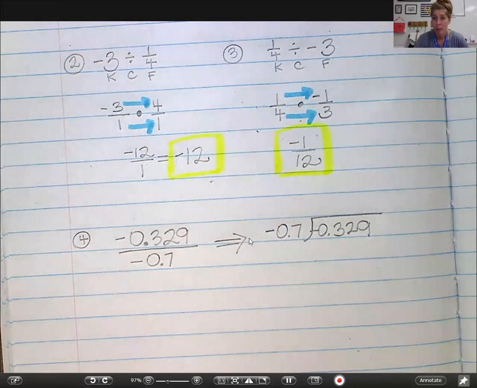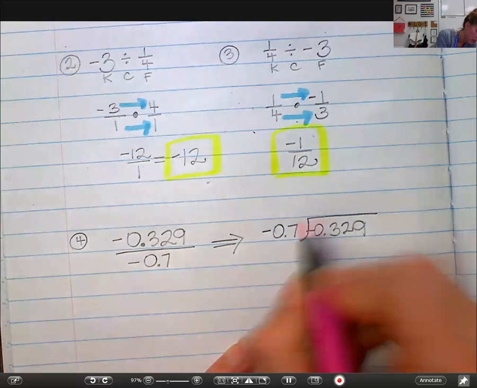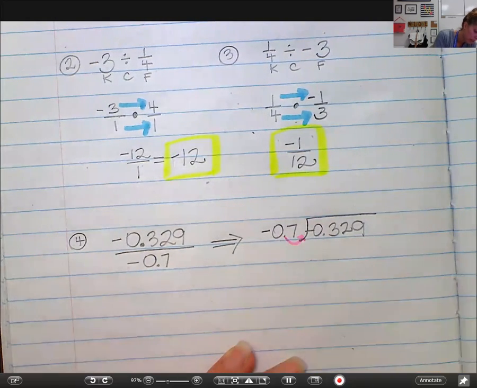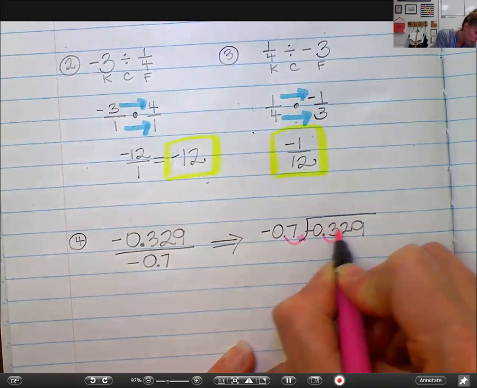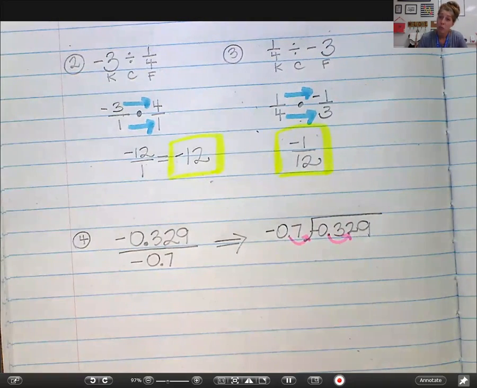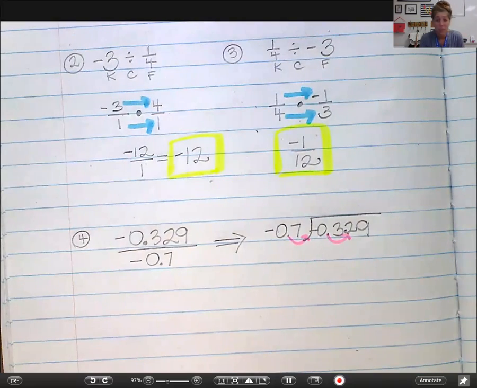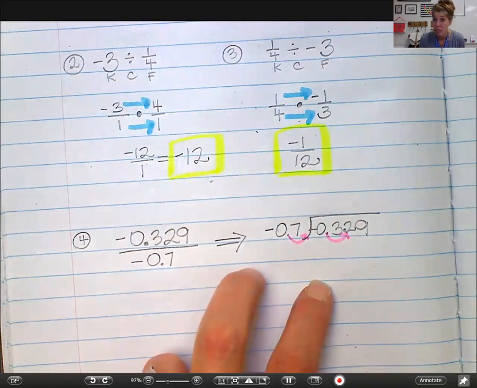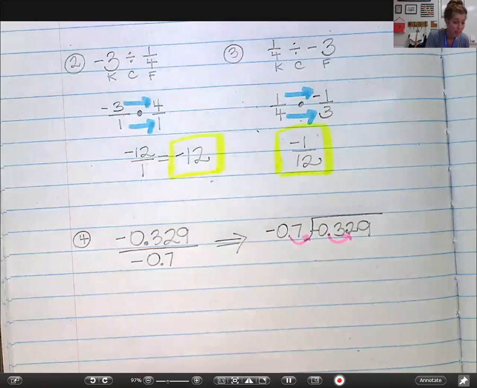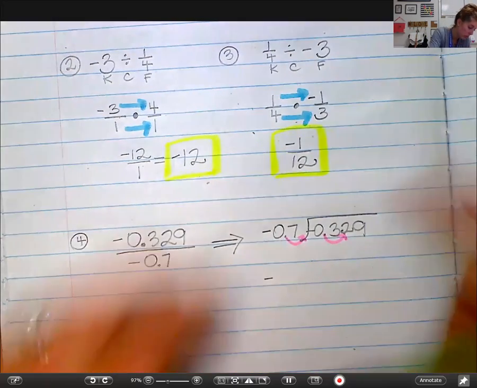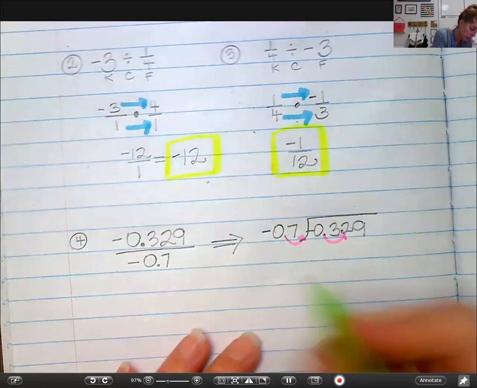Earlier I mentioned that some people like to move the decimal first and then write it. Some people do it once they set it up. Here's what I mean. If I were to move this decimal over to create a whole number, I would move it once. When you move that, you need to place the new decimal where it's located. This can look tricky for some people, so I'm going to rewrite it one more row lower.